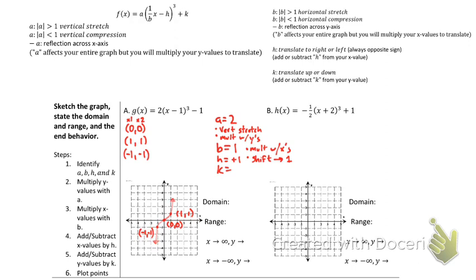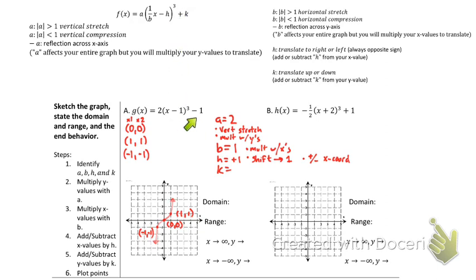And then again, how do I apply this? Add or subtract H from the X value. So we're also going to add or subtract from the x value, the x coordinate. Okay, we'll apply those right now. Let's now find the k value. The k value is adding or subtracting outside parentheses.